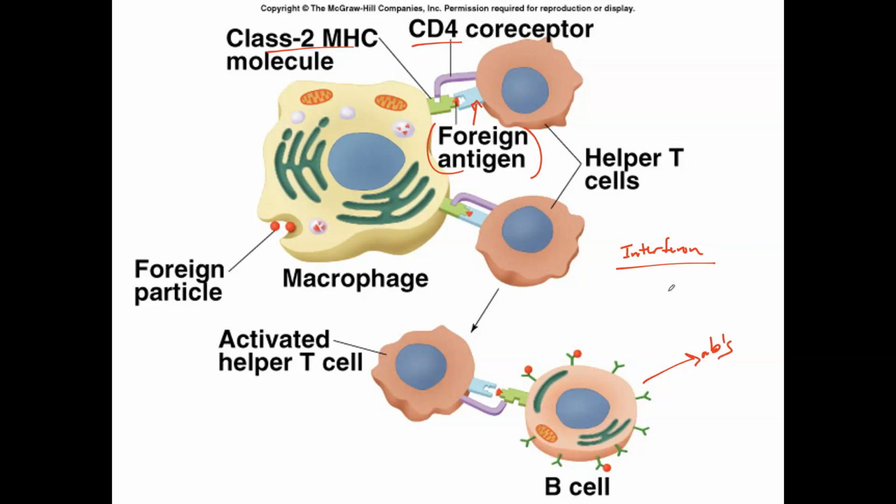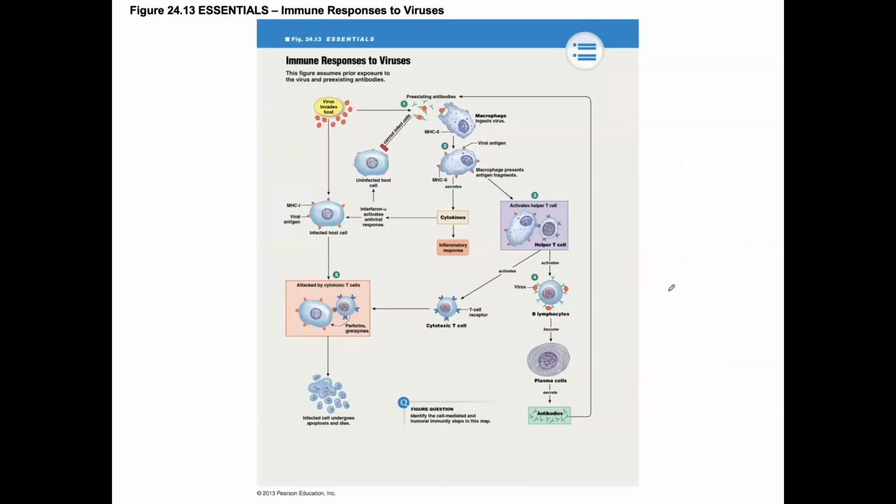So to summarize everything that's going on, we can now go back to the summary diagram and now better understand what's happening in the antibody-mediated immunity pathway and the cell-mediated immunity pathway.